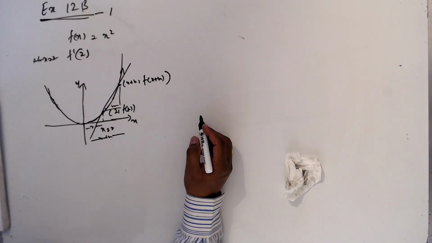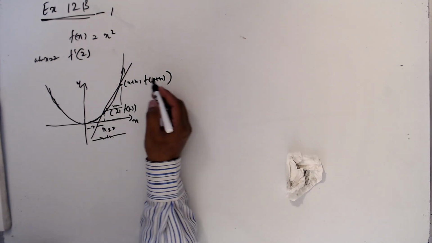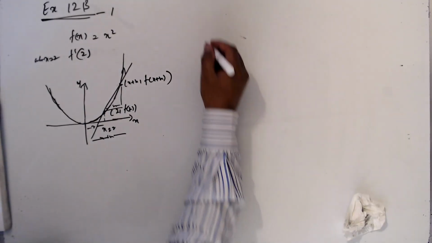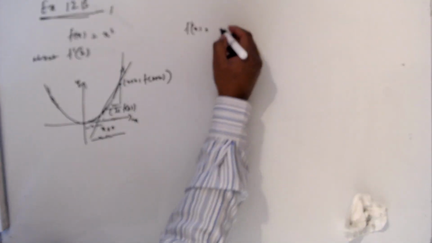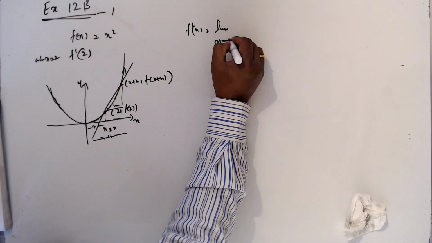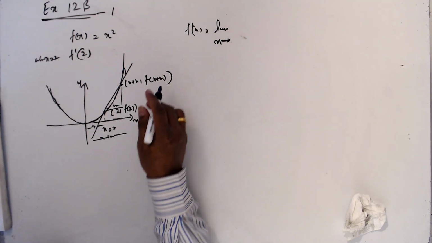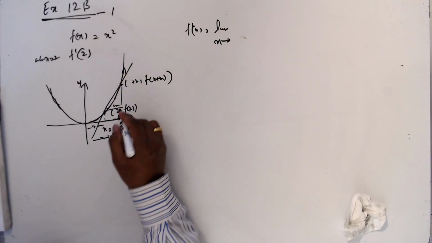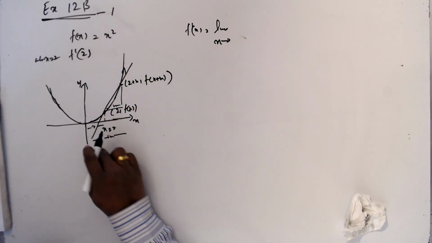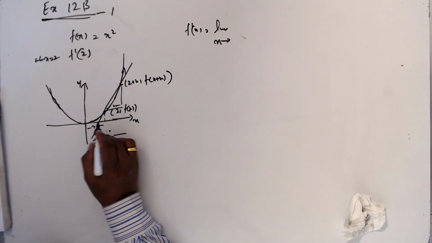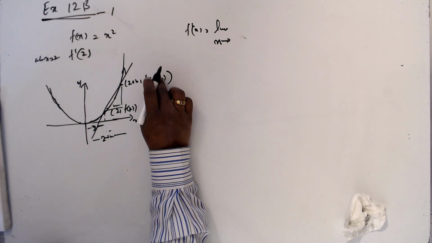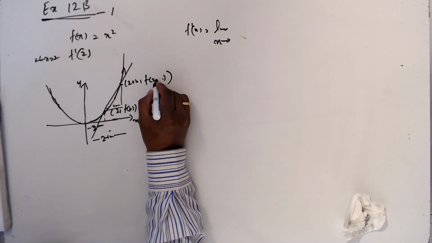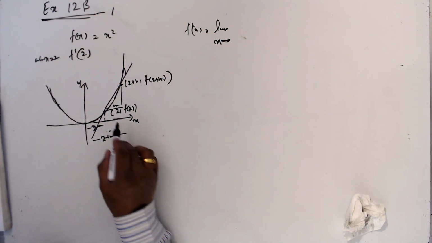Now f'(x) means limit, sorry, this is not x, this is 2 plus h, because this length is 2, this is 2 plus h, then this is going to be f(2 plus h).